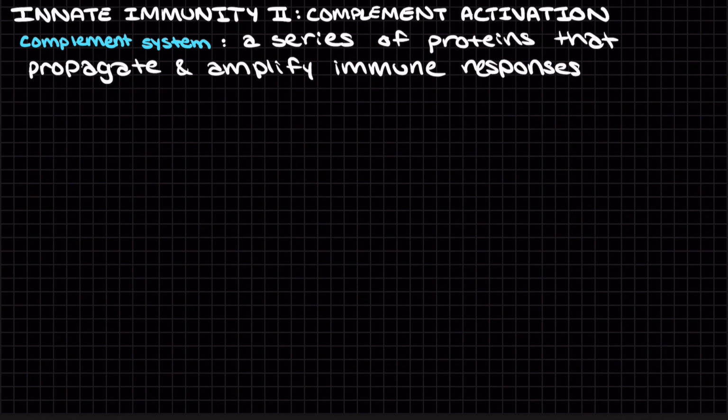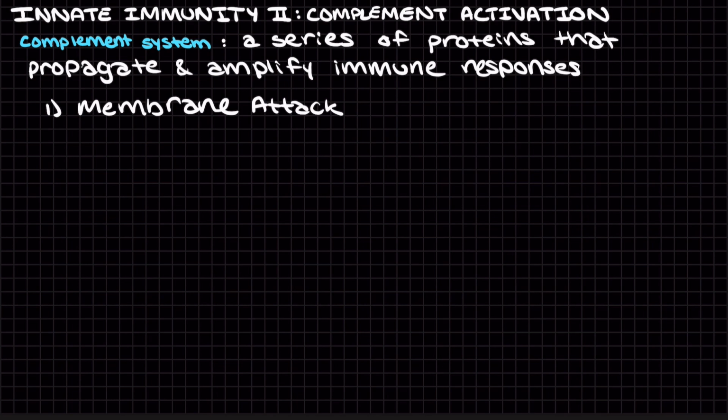And they do this through three different methods, one of which is through what's known as membrane attack. The proteins of the complement system can literally arrange themselves into these what are known as membrane attack complexes and can disrupt pathogenic cell membranes, but that's something we're going to get into in a later video.